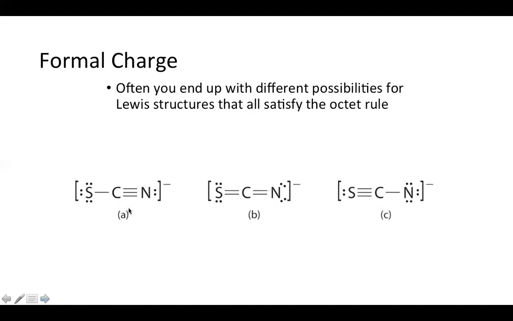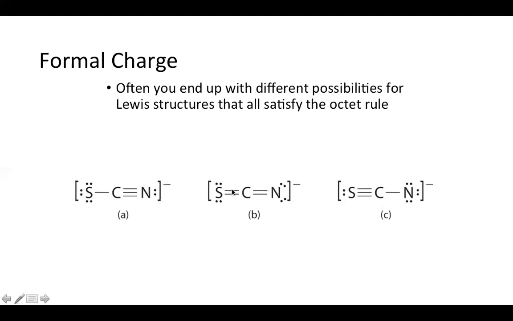So if we look here at the Lewis structures for SCN minus, say in the leftmost structure, structure A, the sulfur atom has 2, 4, 6, 8 electrons with it. The carbon has 2, 4, 6, 8. Nitrogen has 2, 4, 6, 8.